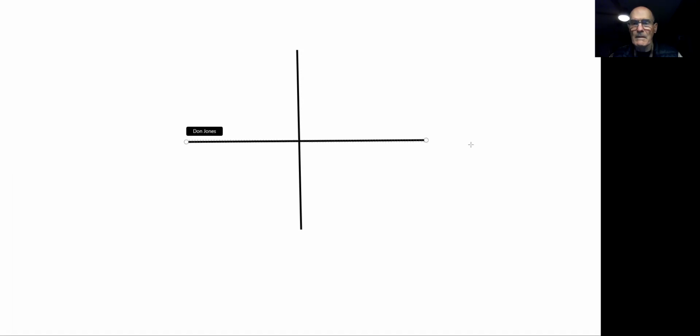Okay, to start with, if we look at an ellipse, we start with a point which is the center of the ellipse, and it would be some set of coordinates h and k.